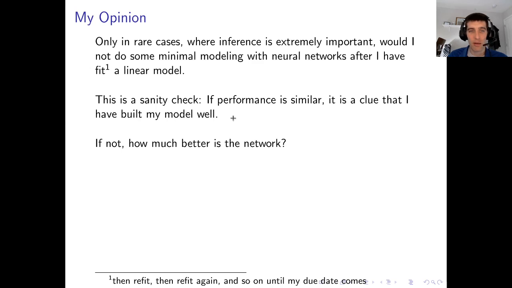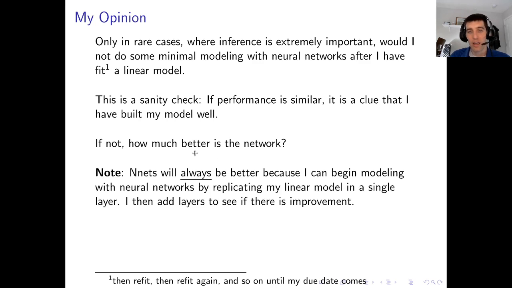If the performance is similar between the neural net and the linear model, this is a hint that nonlinearity is not benefiting you. If you found good transformations and so forth, it's a hint that you're doing something right. But if the neural network is better, how much better is it?